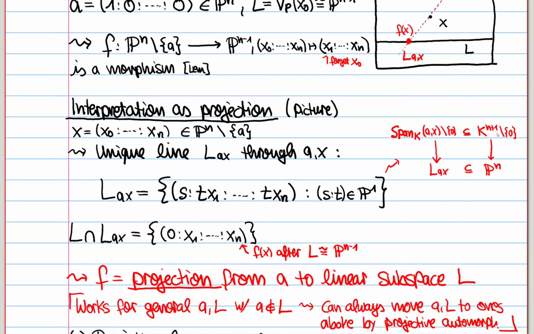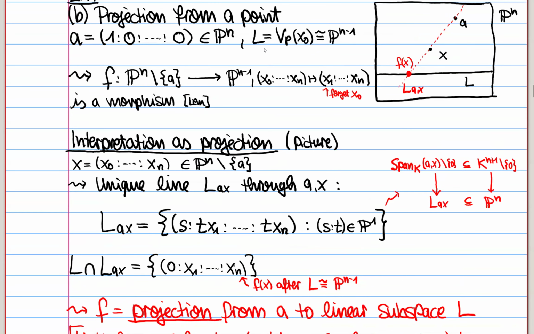And what you can then do, if you're given A and L, this means you're given a vector, and an n-dimensional subspace of K^(n+1) not containing this vector. Then you can choose an element in GL_(n+1) which sends this vector to the vector (1, 0, 0, 0), and sends this n-dimensional plane to the vanishing locus of x0, which is a plane inside K^(n+1).